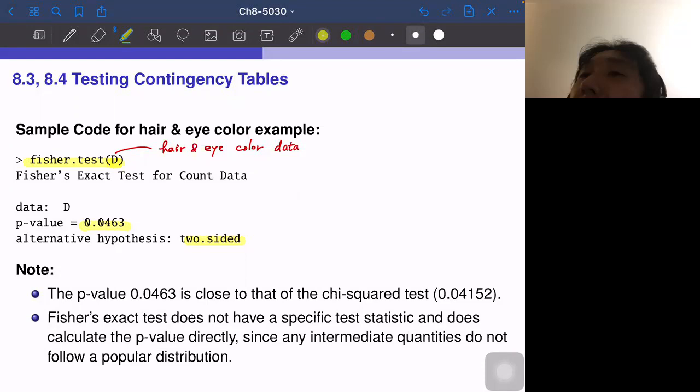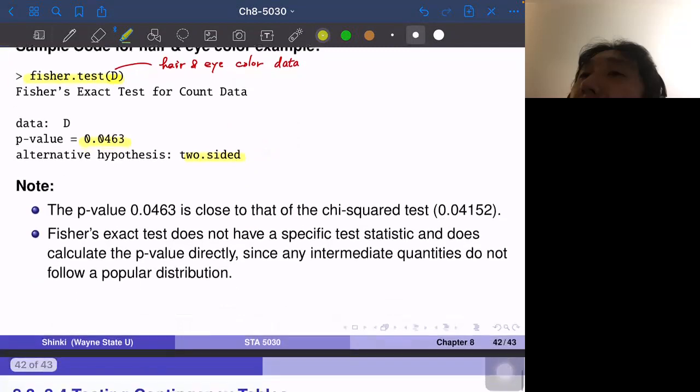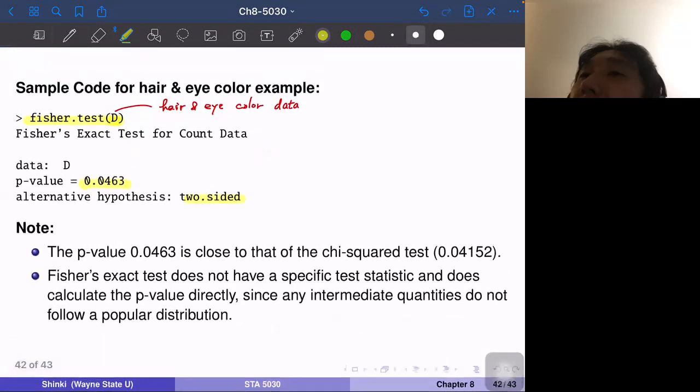This is similar to the chi-square test. The obtained p-value is 0.0463, and this is close to the chi-square test. So even though the chi-square approximation is claimed to be not good for a small table, mostly we can get the same number.